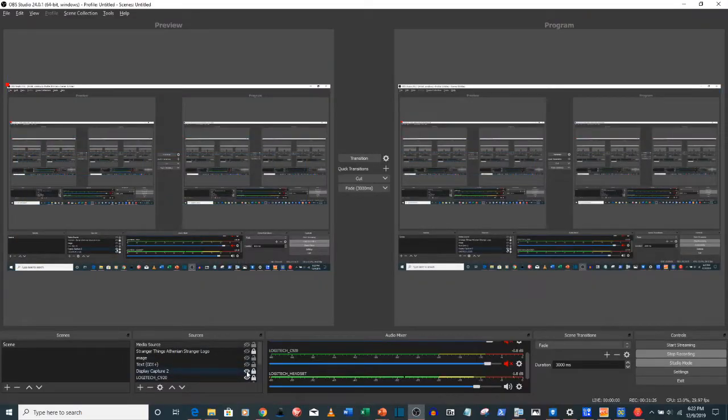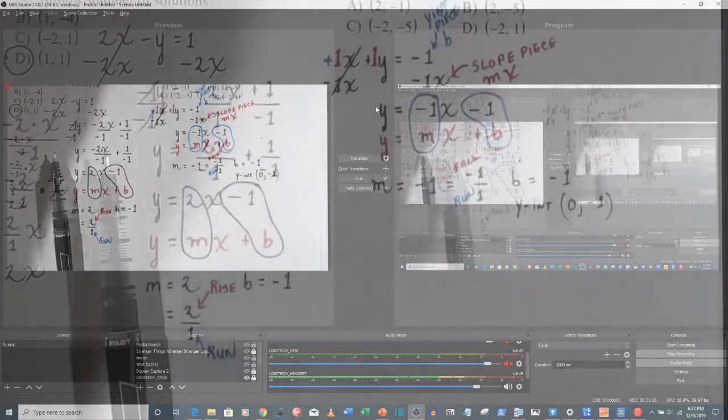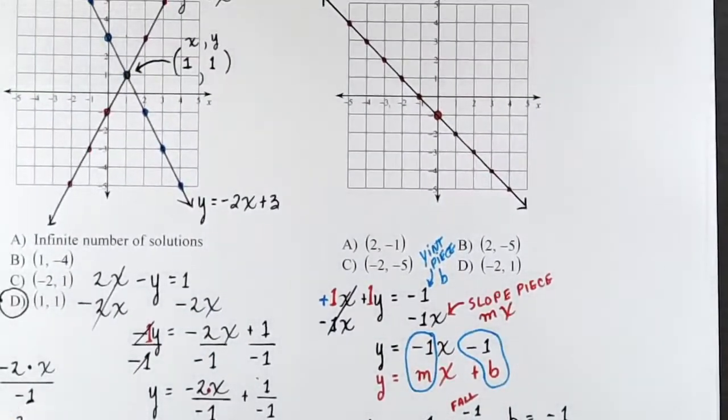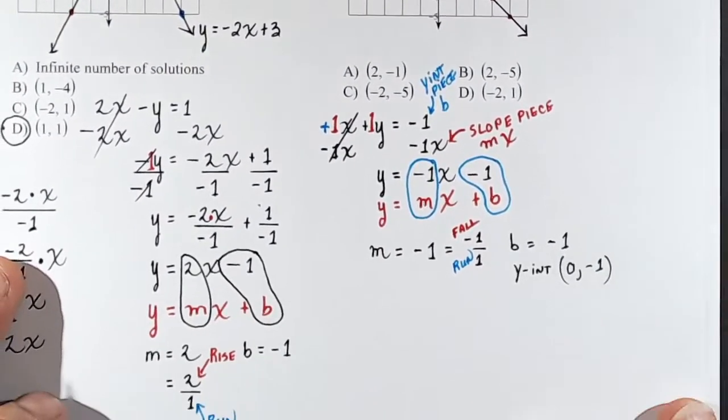Let's go back and see if that is in fact what the math shows. So x minus 2y equals negative 4.